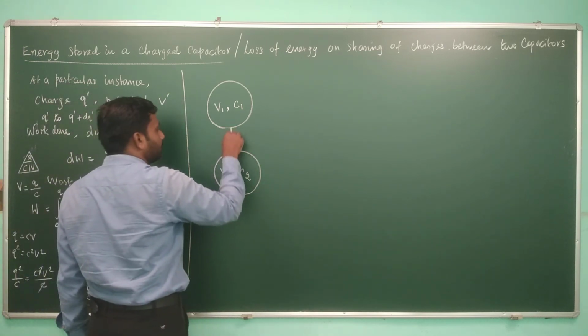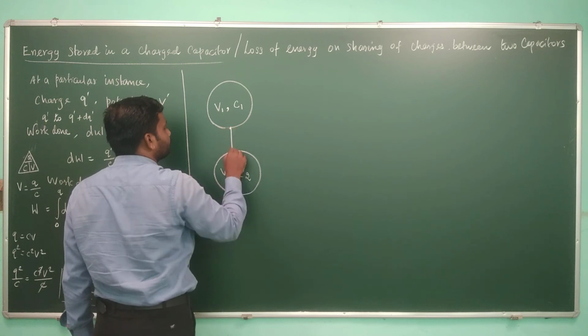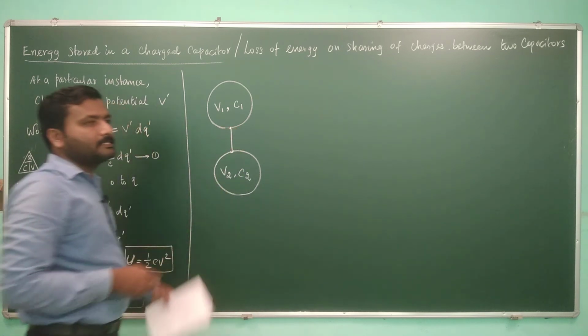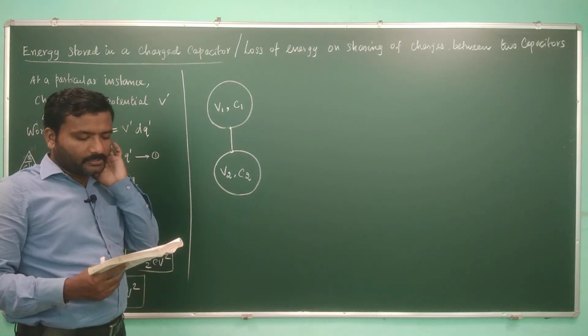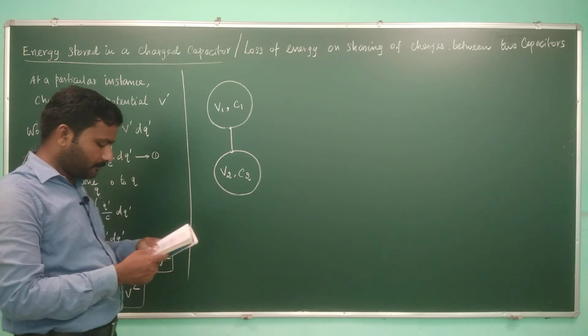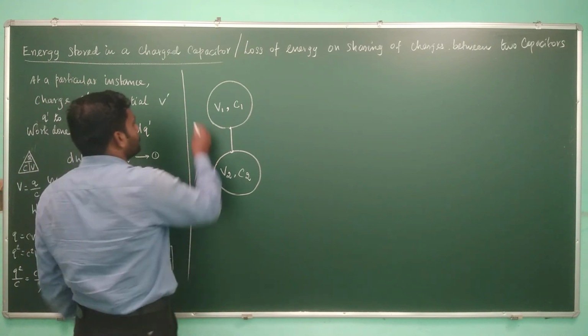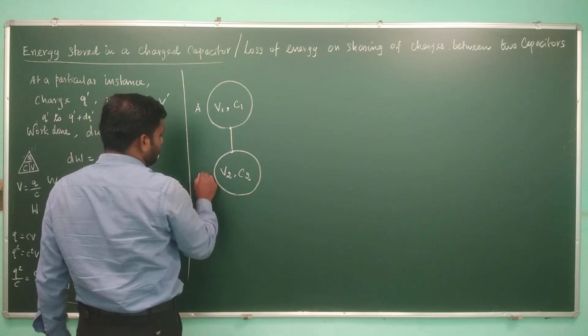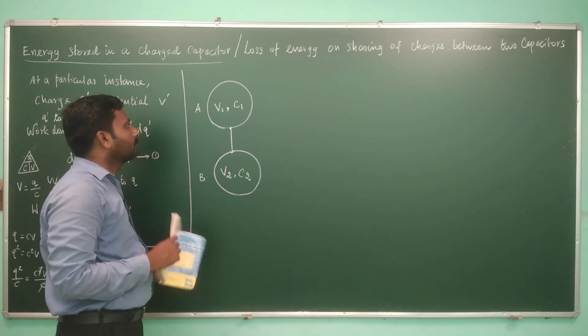Now if we connect these two with a common wire, there is energy flow between these two in order to get balanced. So let us denote this as capacitor A and this as capacitor B.